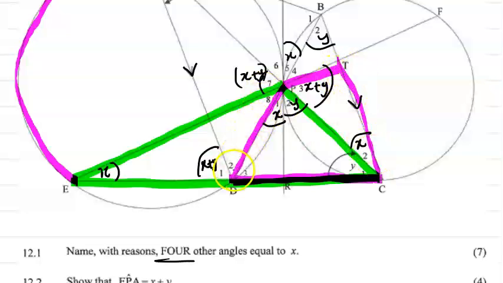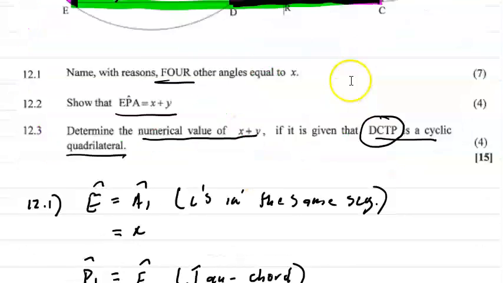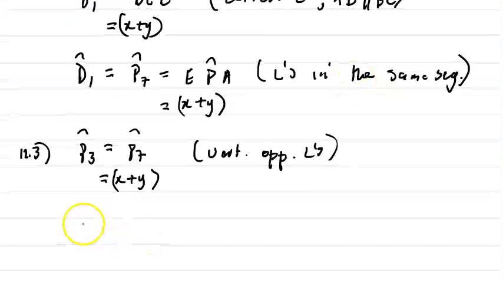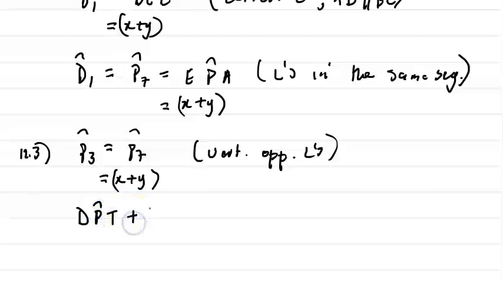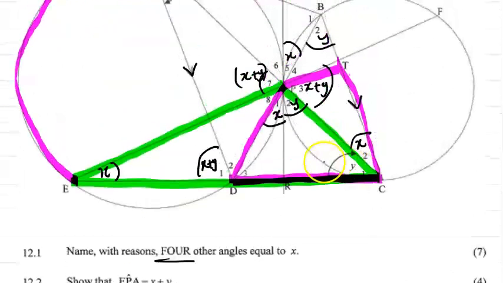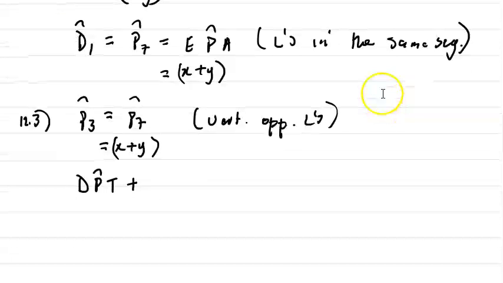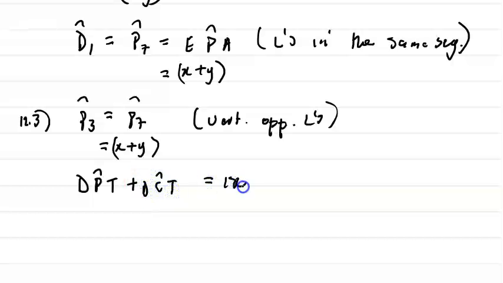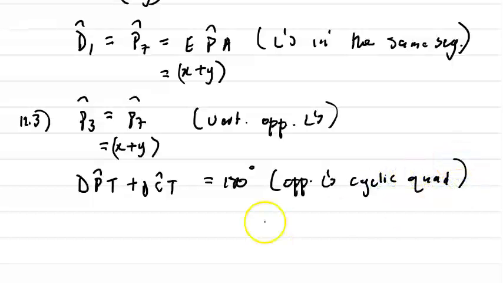So we can write down DPT plus DCT equals 180 degrees, opposite angles of a cyclic quad are supplementary.